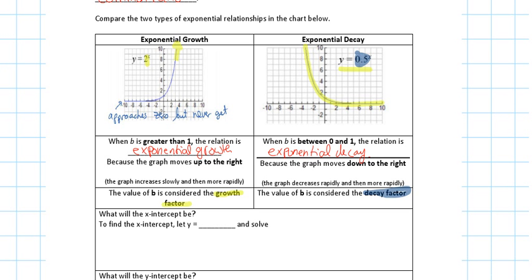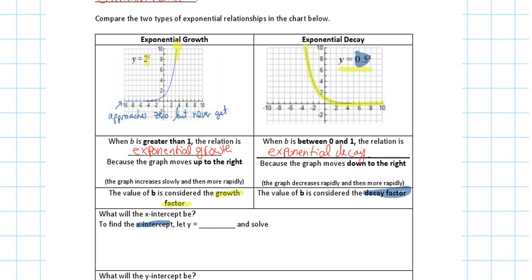Here is the graph on Desmos, and we're going to look at the x-intercept. What would be the value of y for the x-intercept?